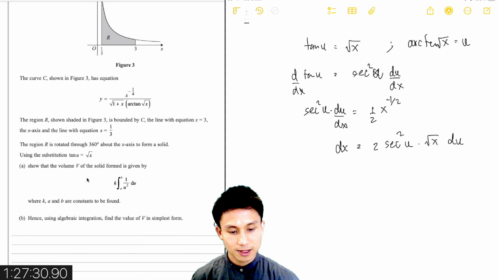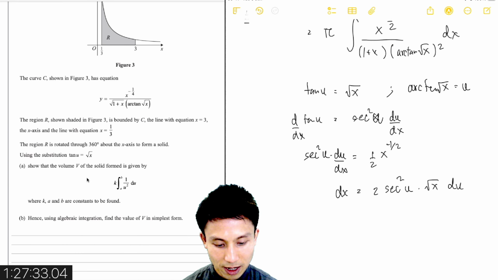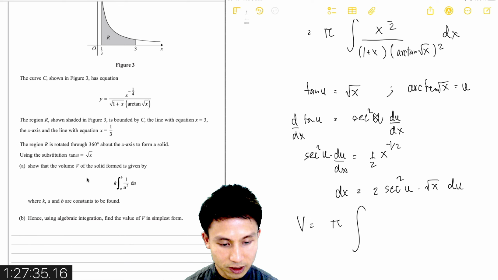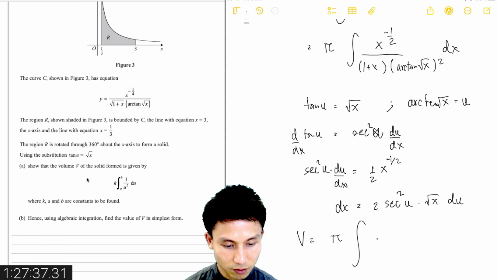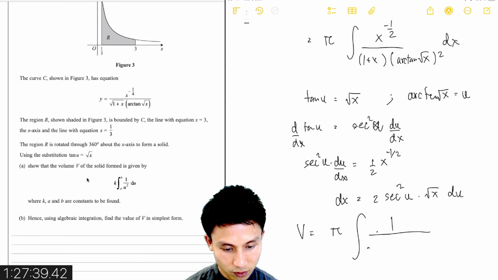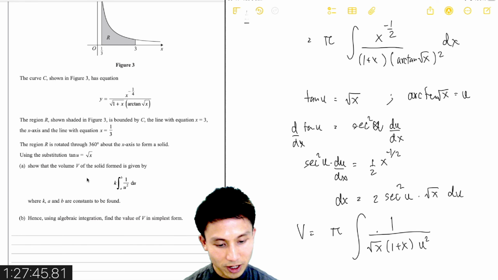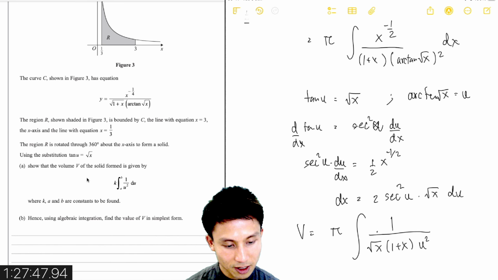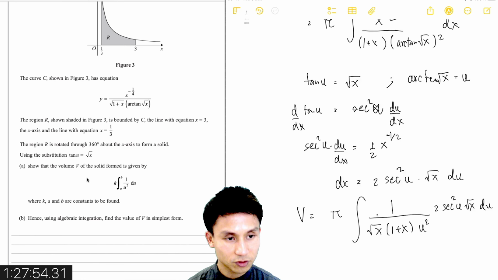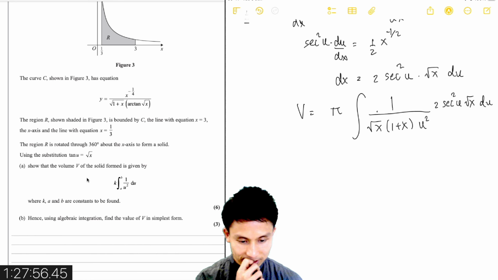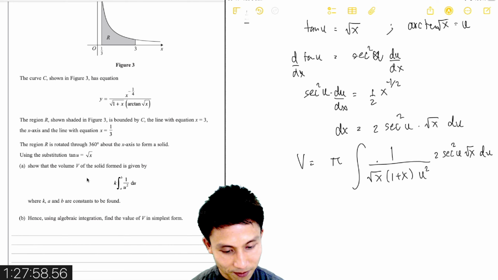Okay, that's a bit tricky. So that means volume would be now integrate 1 over root x, 1 plus x, arctan root x is u, so this is u squared, and then dx is 2 sec squared u root x du. See if we can cancel anything.